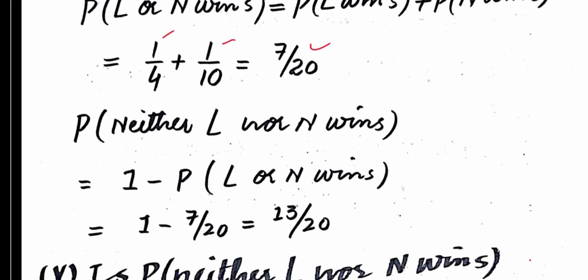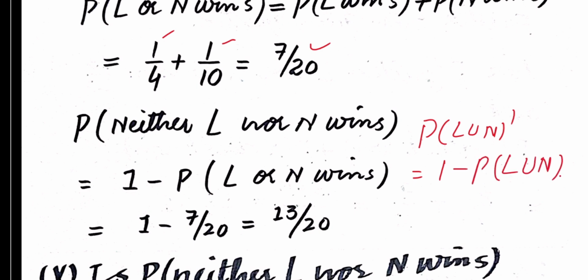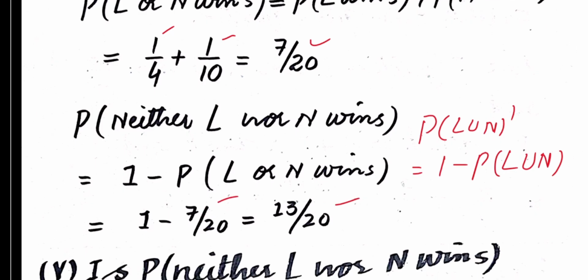So this is equal to 1 minus probability of L union N, in other words, probability of L or N. That is 1 minus 7 over 20. This is 13 over 20.